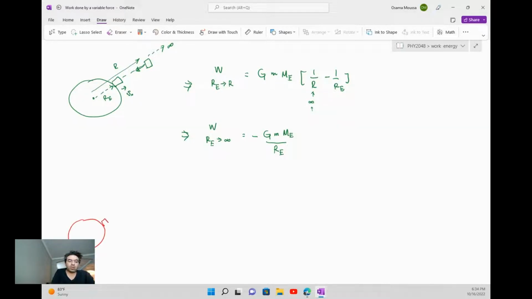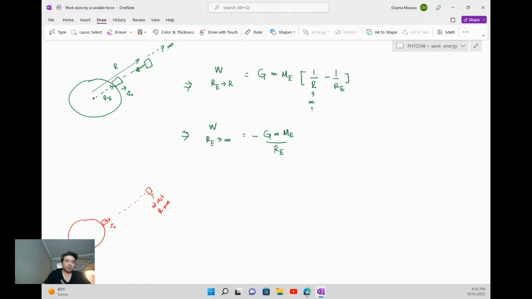At the beginning, situation 1, I want to give it some initial velocity v naught, and then I want it to get to a position where r is infinity, but I don't care that it has any velocity once it gets to r infinity because I want the minimum velocity to start with. So I want it to be at rest when it reaches infinity.